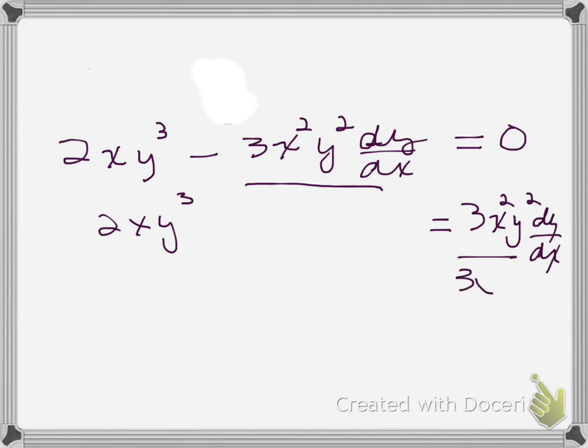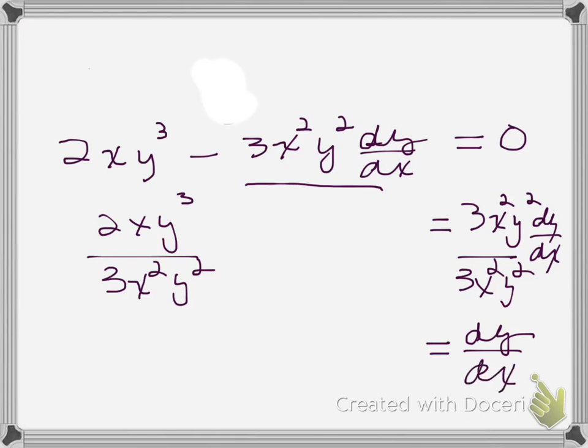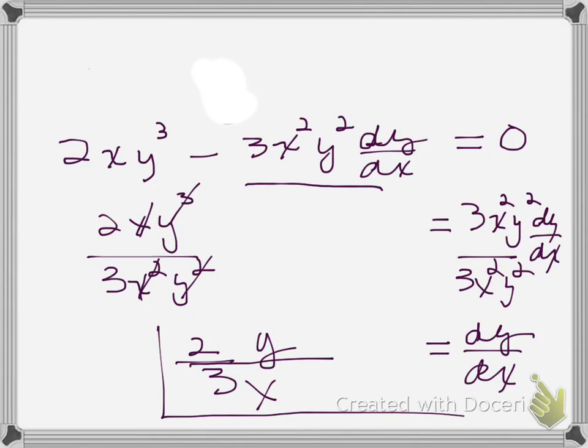Okay, divide by 3x squared y squared, divide by 3x squared y squared, and I get that dy/dx equals, okay, let's clean this up. 2/3 is fine. My x is left on the denominator side, and my y is left on the numerator side. And this is what dy/dx looks like.